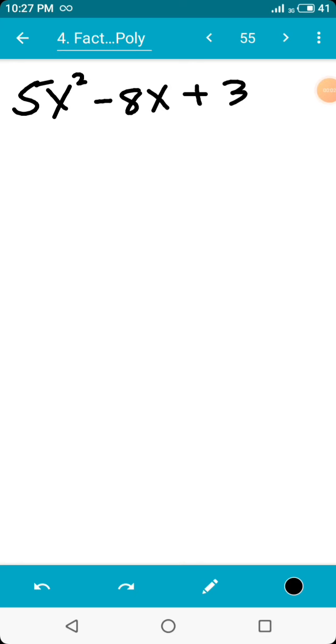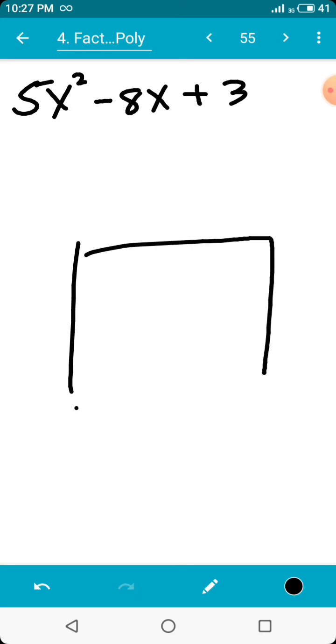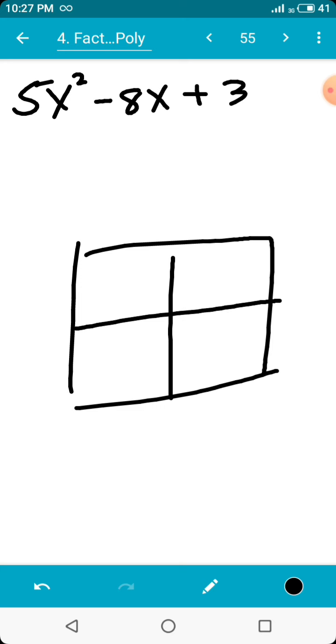Okay, so kunin natin yung factors ng same trinomial na ginamit natin, but this time gamitin natin yung box method. Okay? Alright, so dito natin ilalagay yung 5x squared and dito yung positive 3. Okay?